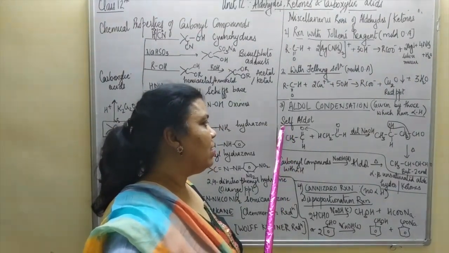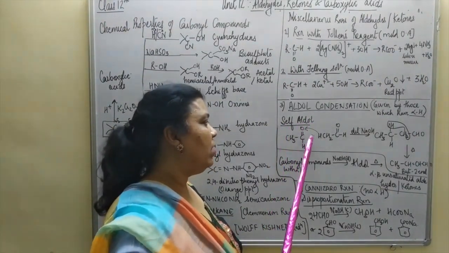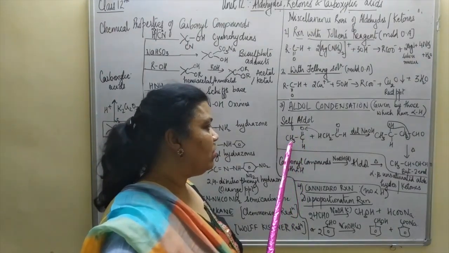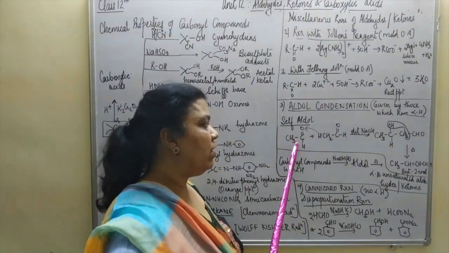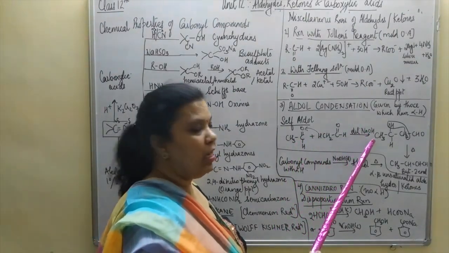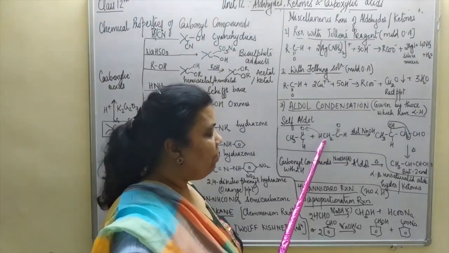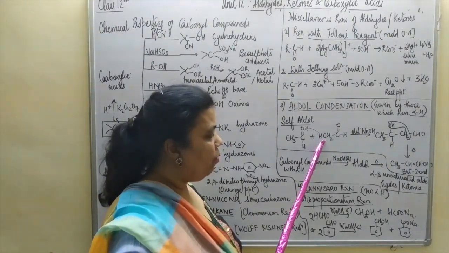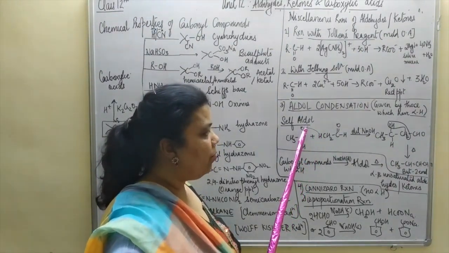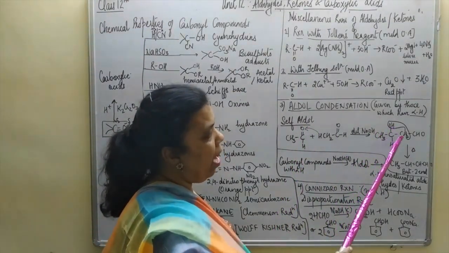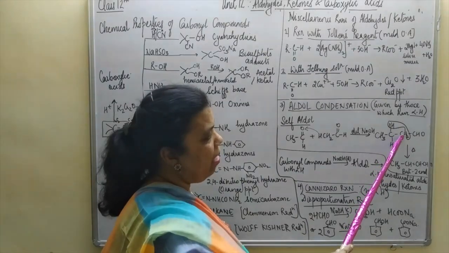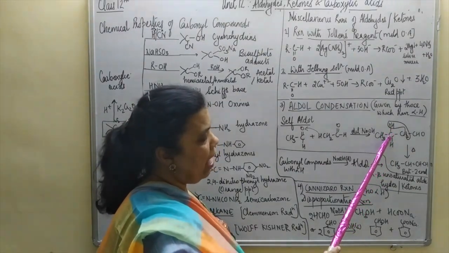So you can see this is the self-aldol condensation of ethanal we are discussing. It contains alpha hydrogen. So when 2 moles of ethanal are treated with dilute NaOH, the alpha hydrogen of the second molecule of ethanal migrates to the carbonyl oxygen and converts it into OH. Now at the beta position, we have the OH group attached.